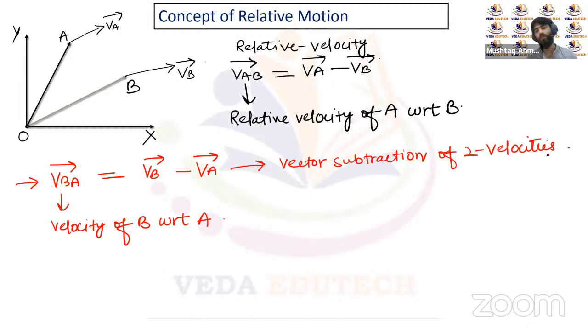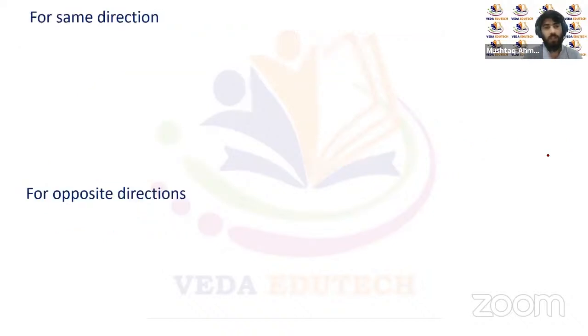So that's how we calculate the relative velocities of two different bodies with respect to each other, right? Let's suppose we have the first case, for the same direction.